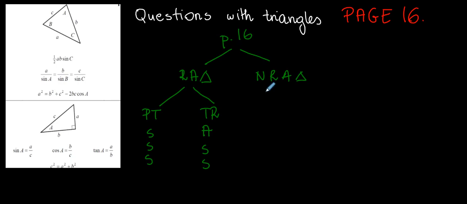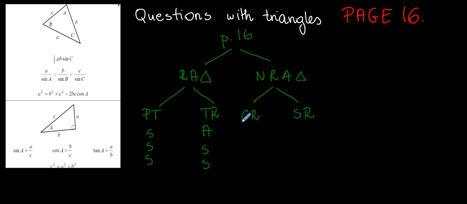Now, what about not a right angle triangle? Here we have two formulas. I know that we have three of them here, however, we consider only two: the cosine rule and the sine rule. Again, looking at the formulas, breaking them down.